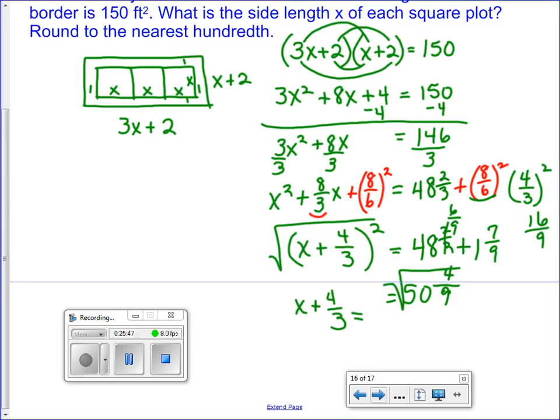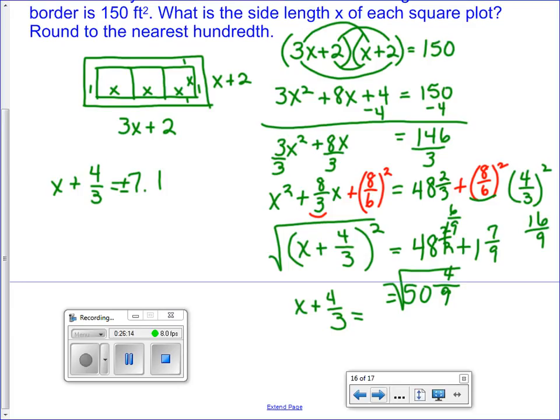And we get approximately, I'm going to move over here so I have more room. I have x plus 4/3 equals, rounding it off to the nearest hundredth, basically 7.10, so we'll leave it 7.1. And again, remember, it's plus or minus.